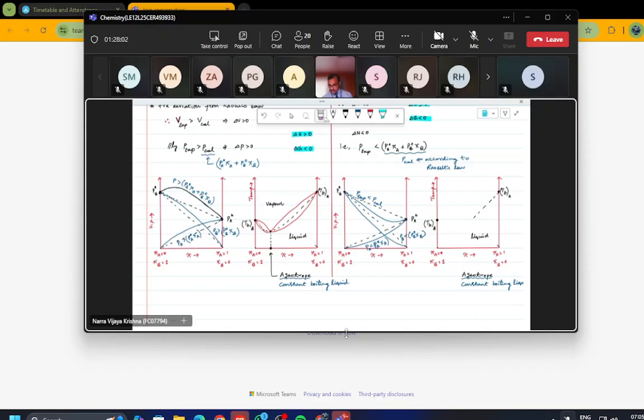Now tell, sir, how the graph will be, sir. Observe the vapor pressure graph and boiling point graph. How the graph will be? Graph will be something like this. We accept. Then this curve will be like this.